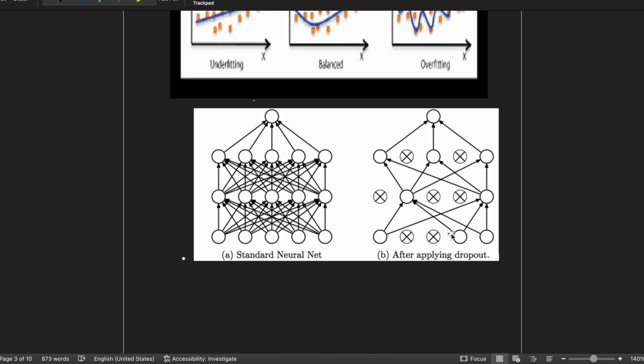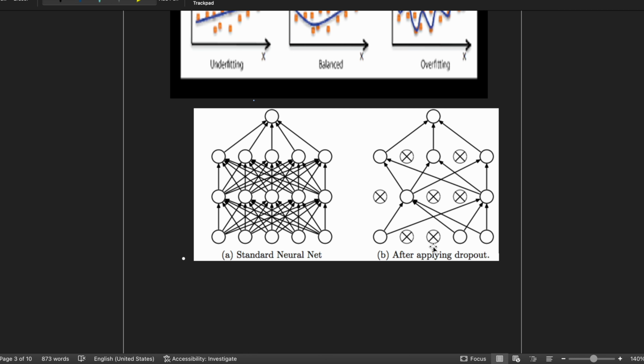We don't have to specify that for this node dropout will work for this epoch. It will be handled at the back end, and so this is basically our training setup. Training data will pass through this, and for the next epoch, maybe this is out and this is working, and this is working. So it will be handled.